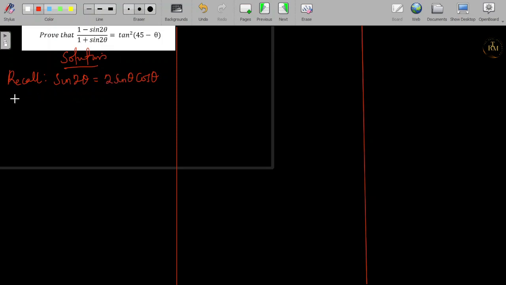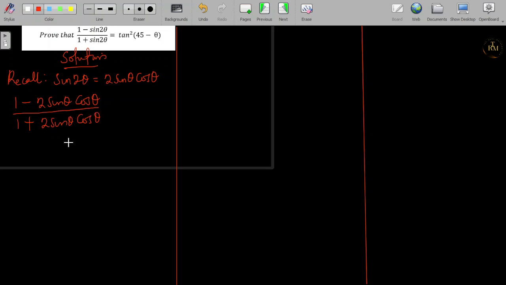So I'm going to have something of this nature: 1 minus 2 sine theta cos theta divided by 1 plus 2 sine theta cos theta. Right, so I've replaced sine 2 theta now with these two values.